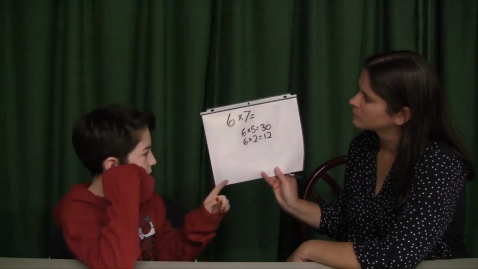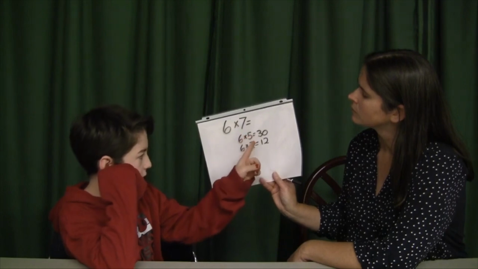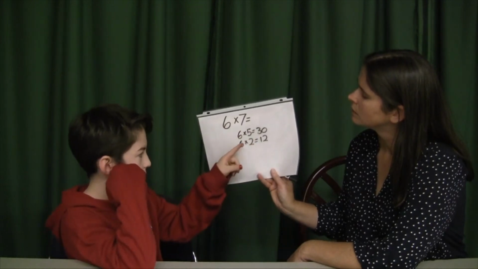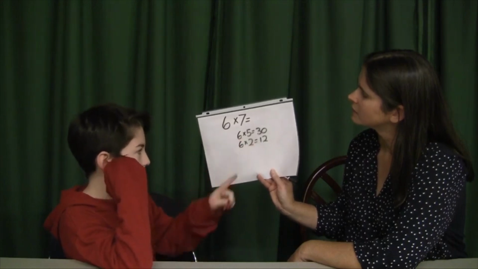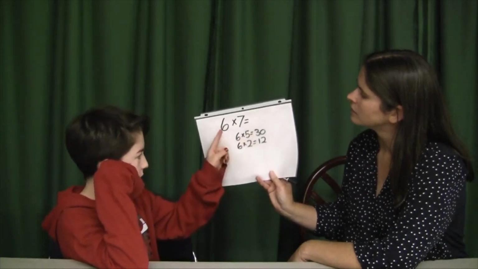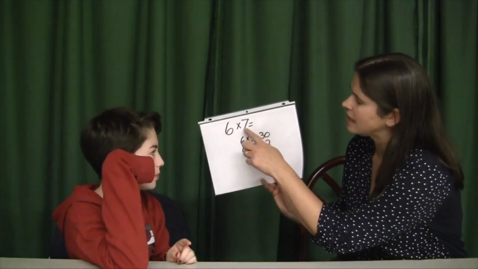You could do 30 plus 12, and that would create 6 times 7, because 6 times 2 equals 12, and 6 times 5 equals 30. So if you put those together, it would equal this. Oh, because I have 5 and 2, that equals the 7.